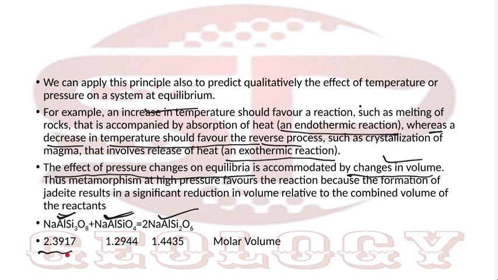Here the molar volume is 2.3, and here the molar volume is 1.2. So there is a net decrease in molar volume, a significant reduction of volume relative to the combined volume of the reactants.